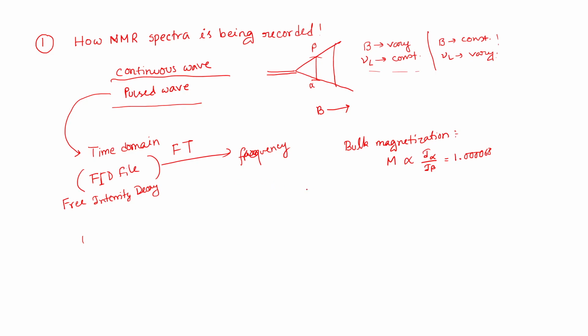So then your bulk magnetization vector and your B, that is your magnetic field, work in the same direction. Now you put a 90-degree pulse along the y-axis, so you will see a precessional motion to the x-axis. Here you have been introduced to 90-degree pulses and 180-degree pulses, right?